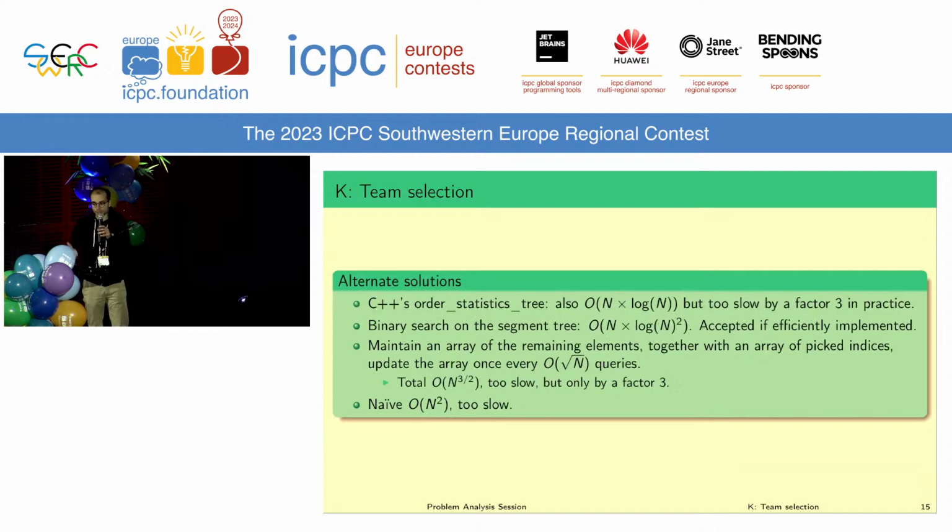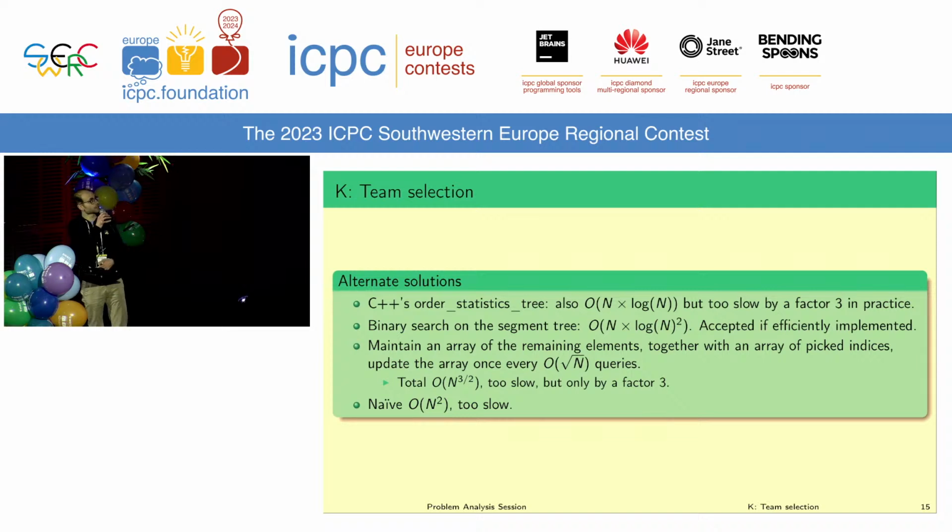There are a couple of other solutions that we either saw in the submissions or that we thought about. The first one that we saw a lot was submissions using an order statistics tree from C++. It was also an n log n solution, but unfortunately it was too slow by a factor of about 3 in practice on the test cases, so they were refused.